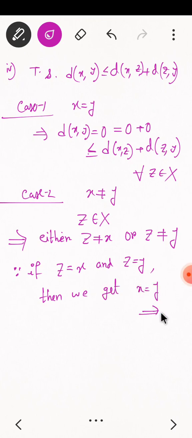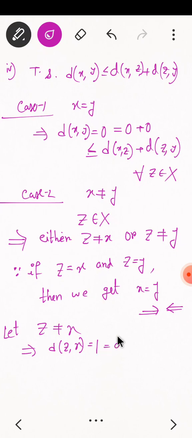This is a contradiction. So it must be the case that z not equal to x or z not equal to y. Let z not equal to x. This implies that D of zx equal to 1. This is equal to D of xz.